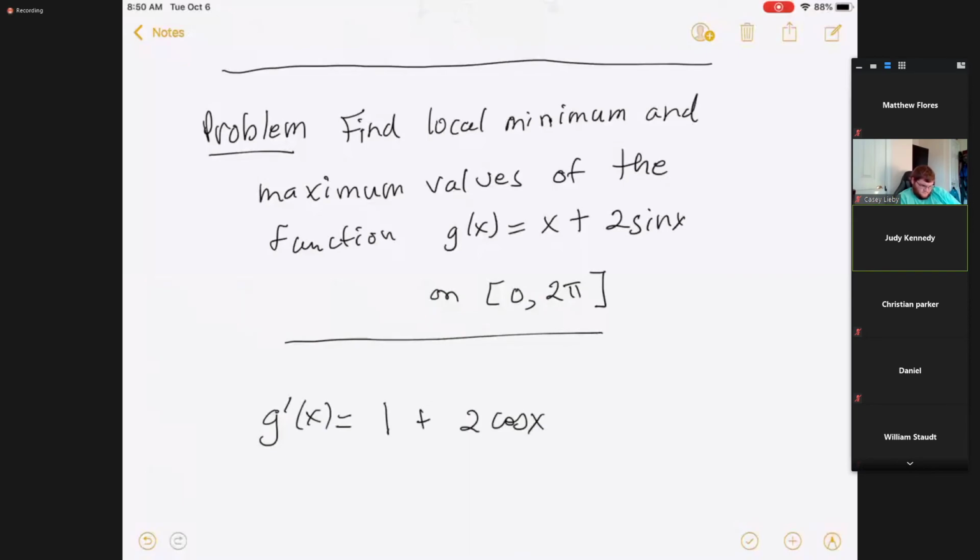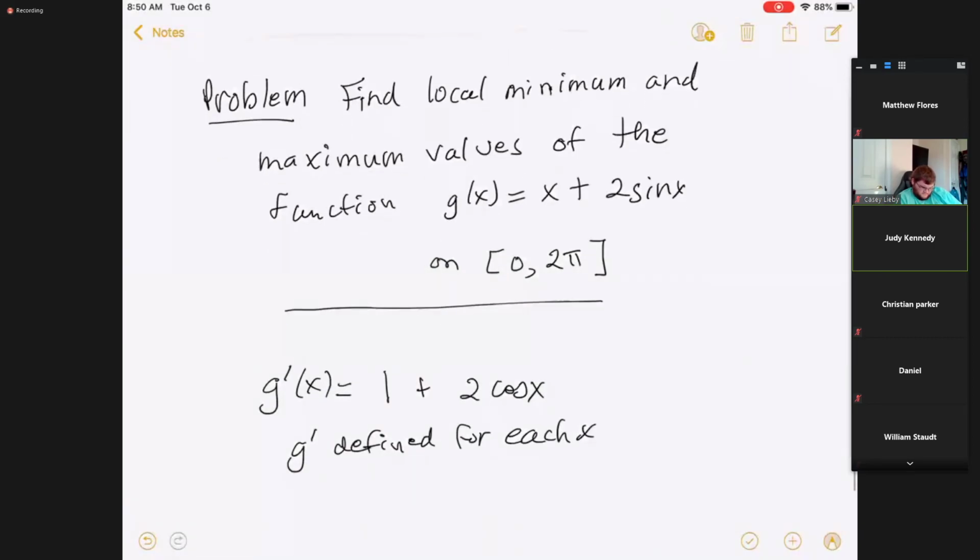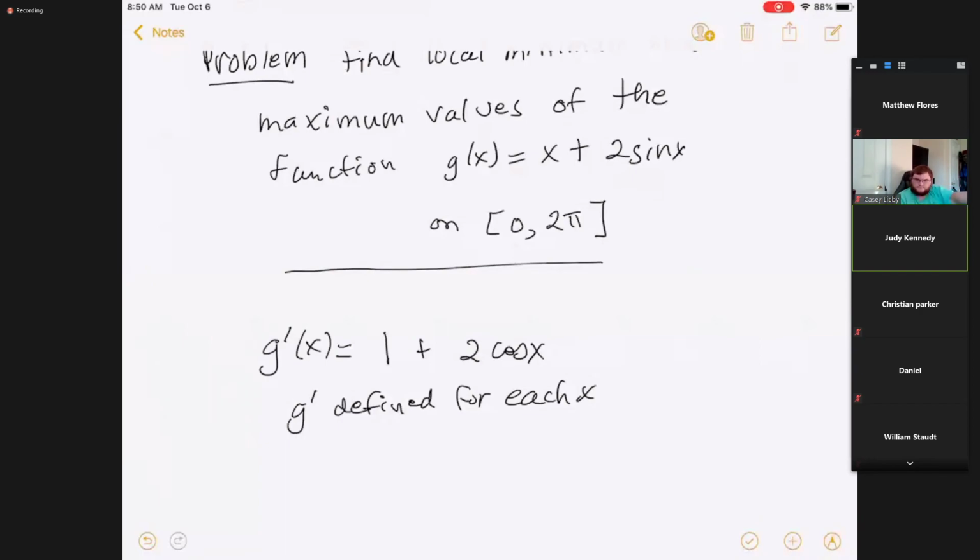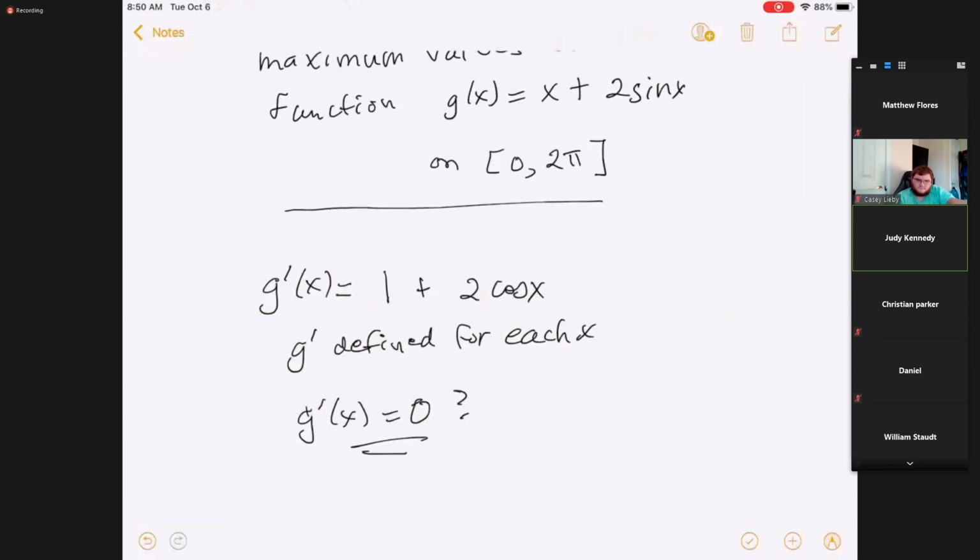Okay, and g prime is always defined. So no critical numbers where the derivative doesn't exist. It always exists. So I want to know where g prime is equal to 0. That's going to be where all my critical numbers are.